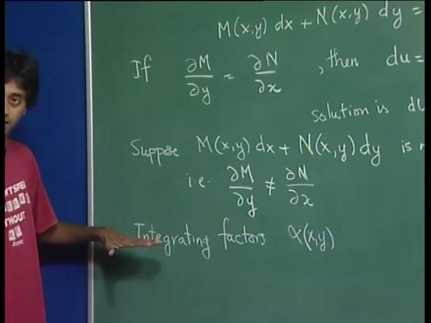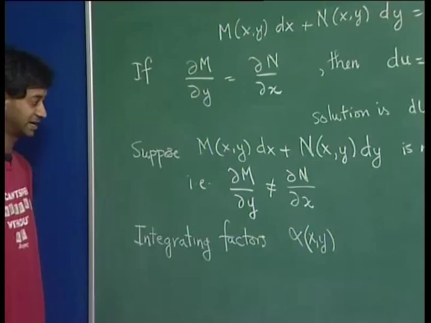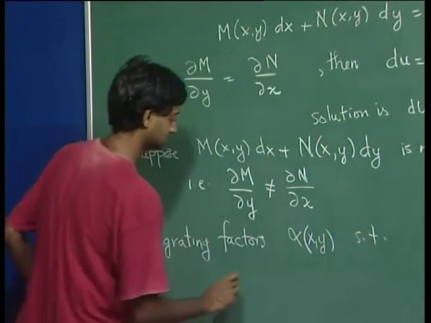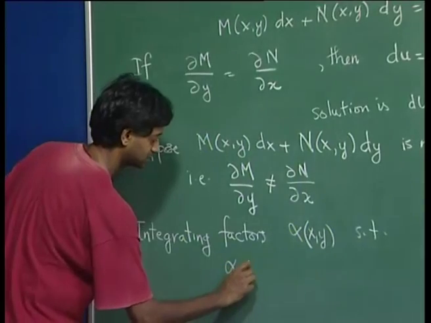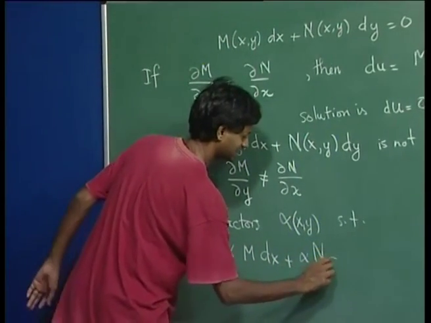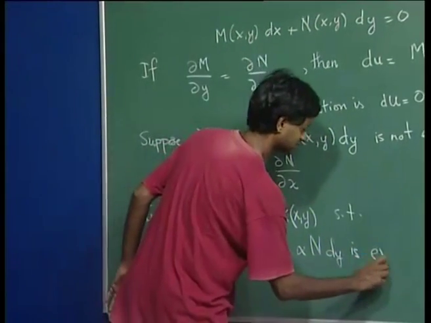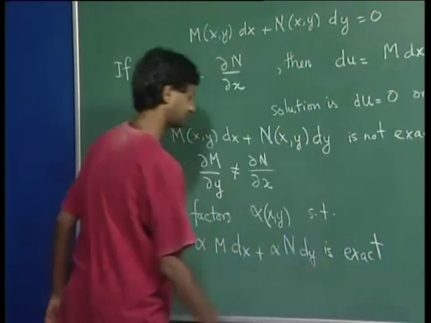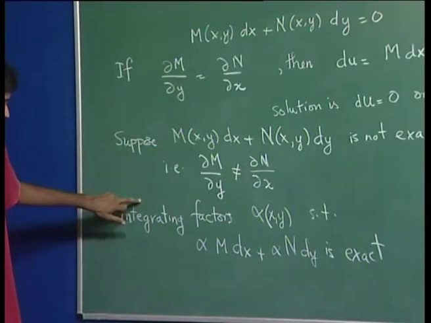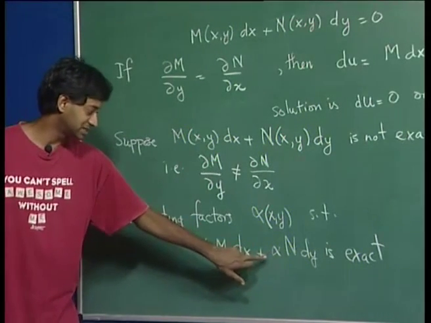So there exist one or more integrating factors such that alpha M dx plus alpha N dy is exact.